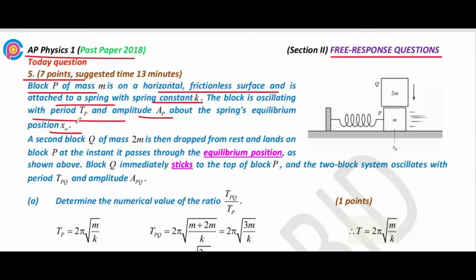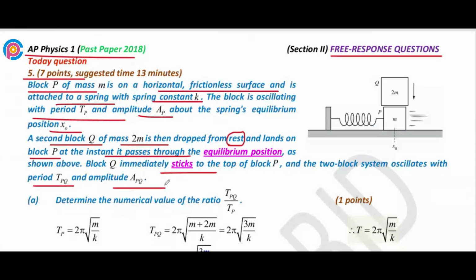Then a second block Q of mass 2m is dropped from rest, so its initial velocity is 0, and lands on block P at the instant when it passes through the equilibrium position. As shown in the figure, block Q immediately sticks to the top of block P and the two-block system oscillates with time period TPQ and amplitude APQ.